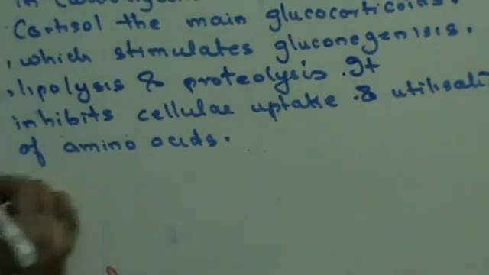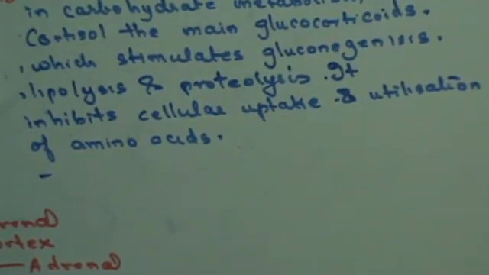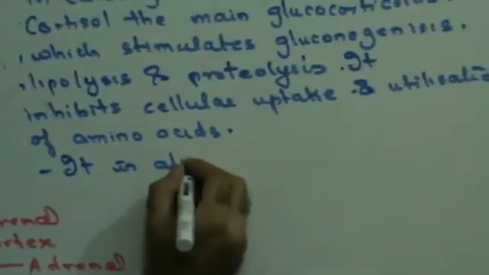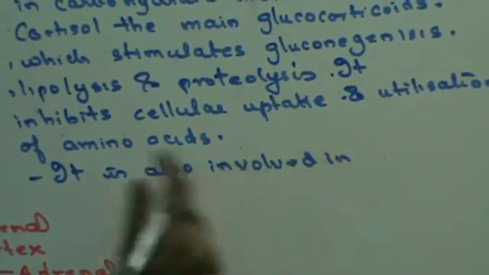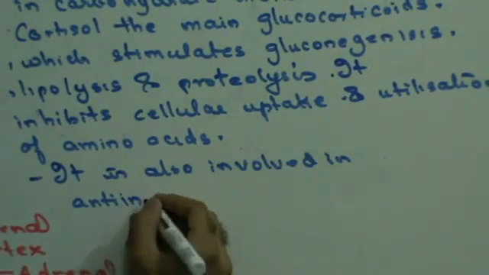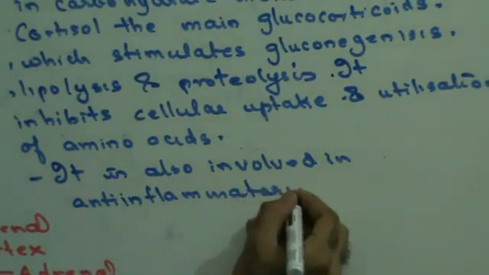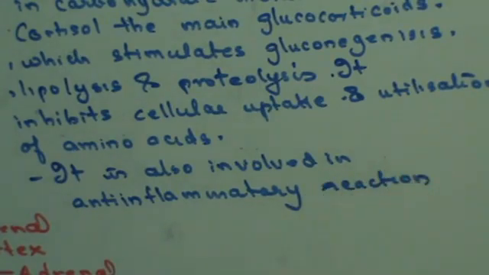Then besides this, the adrenal cortex is also involved in anti-inflammatory reactions and suppresses the immune response. You get hurt, that part becomes red and there is swelling.